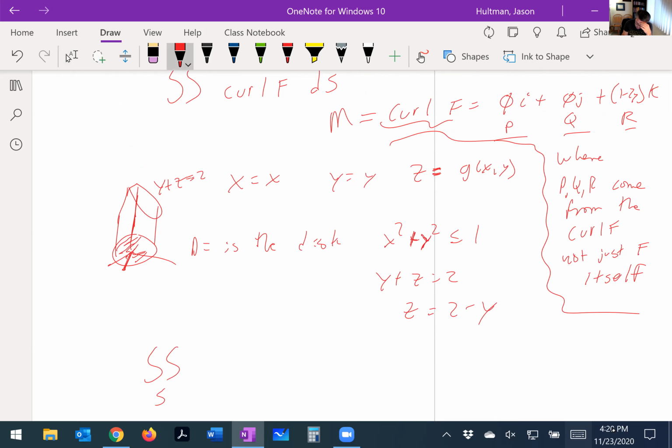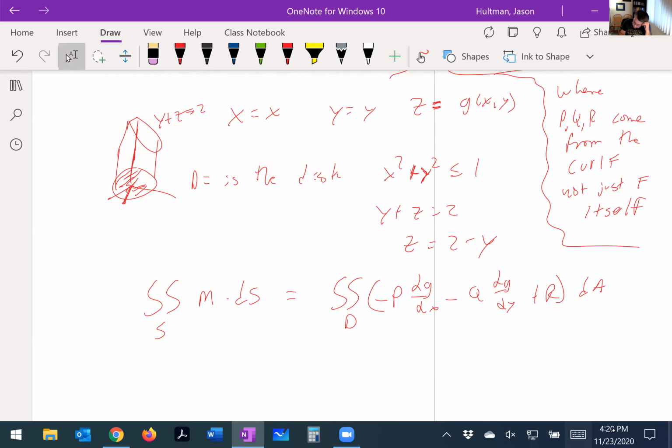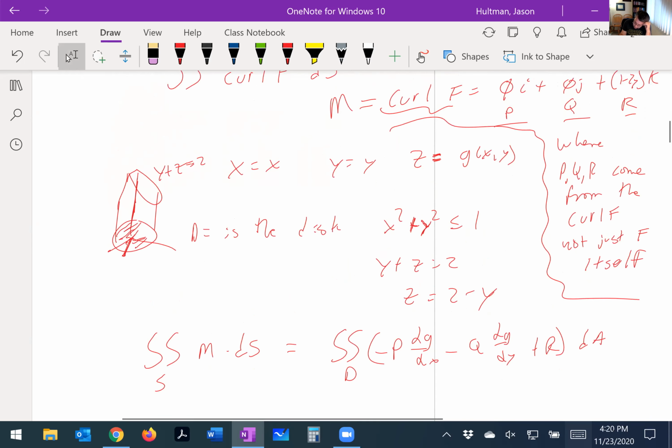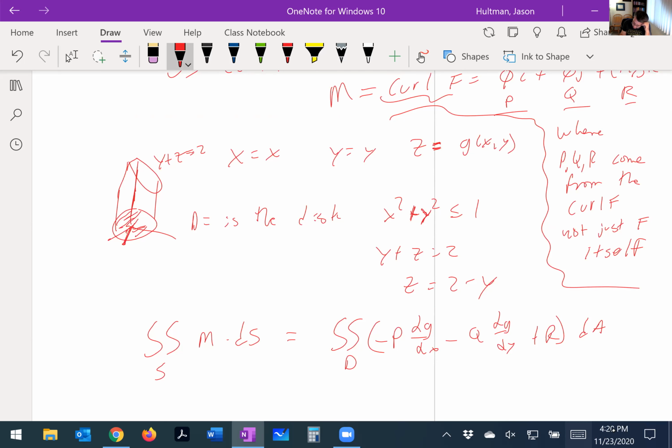It's telling me that the integral over S of M dot dS is equal to the double integral over D of negative P dg/dx minus Q dg/dy plus R dA. So what's g of x, y? Well, g of x, y is 2 minus y.